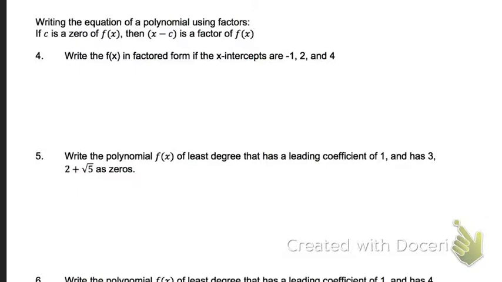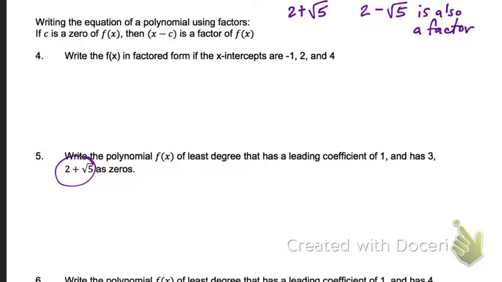Like on number 5, it says 2 plus square root of 5 is a factor. If they don't tell you anything else, you have to automatically assume that 2 minus square root of 5 is also a factor. So you have to add that in yourself. They don't tell you. You just have to know.